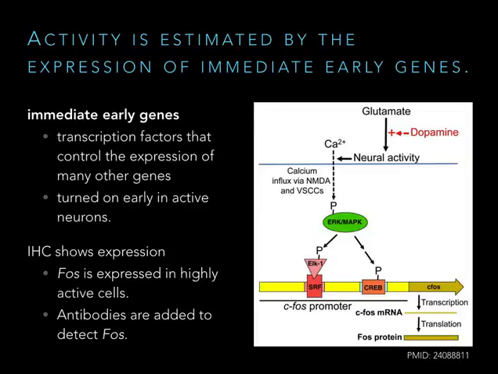Okay, we won't go over how this works, but we should appreciate that when a neuron becomes activated, it's going to express higher levels of FOS so that it can then modify its function to keep up with this increase in neuronal activity. So if you want to see what brain regions are most highly active, you can kill the animal, fix the brain, slice it, and then in this case add an antibody against FOS and look for FOS levels.